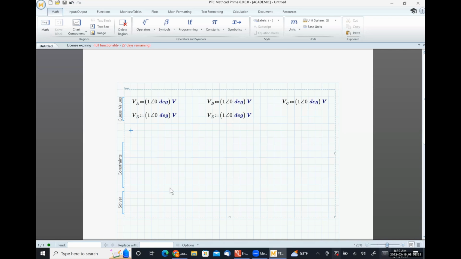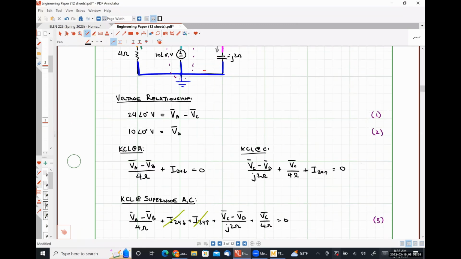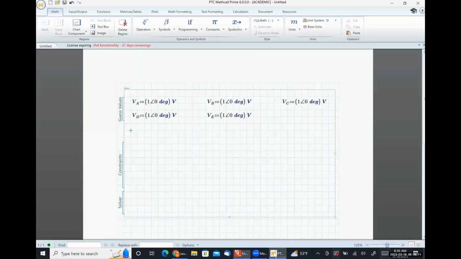So for my constraint equations, I'm just going to go back to the equations that we developed, and I'm going to put them in, right? So my first constraint equation is going to be this first voltage relationship equation. 24 angle 0 degrees volts will be equal to VA minus VC. So I'm just going to open my parentheses, 24 control shift P angle degrees volts.